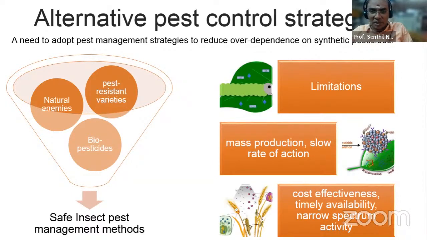That is very important. Even though it has limitations, the benefit is more. Limitations: mass production, slow rate of action, cost effectiveness, timely availability, narrow spectrum activity; but they are biologically degraded within a very short time. So that is a plus point we should consider.